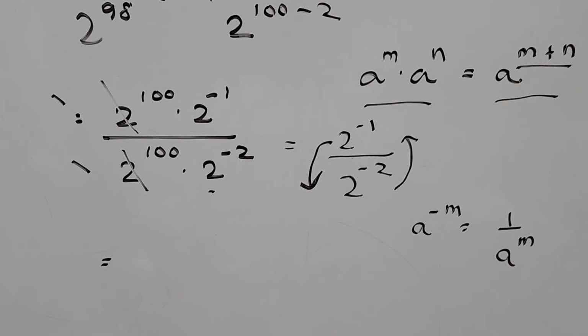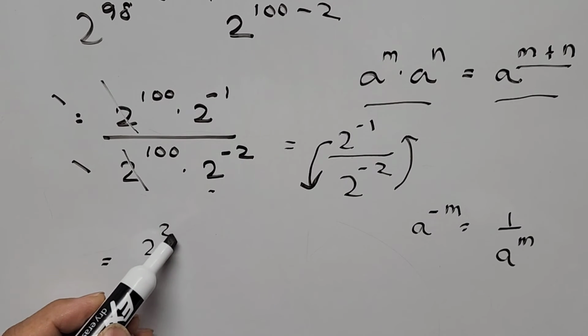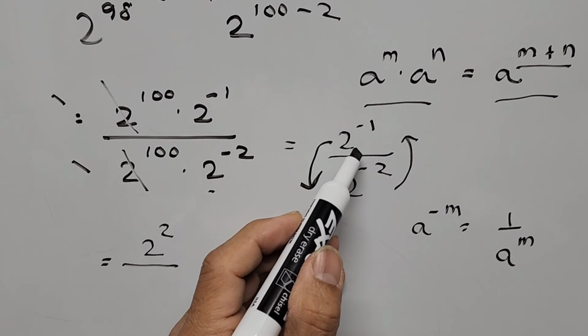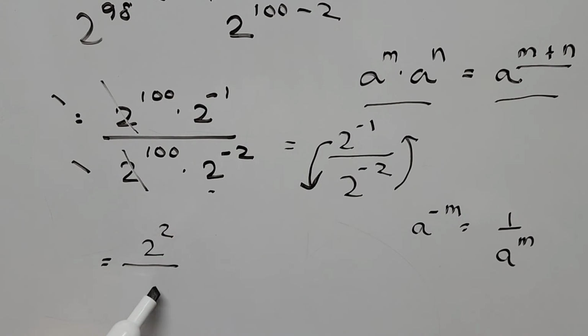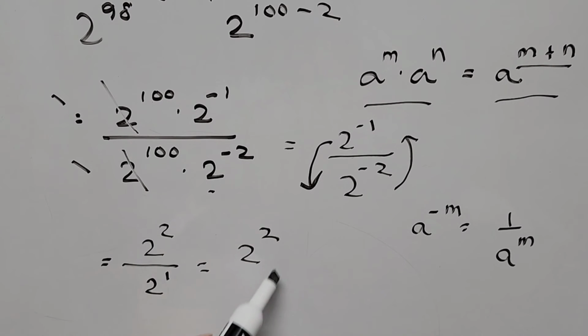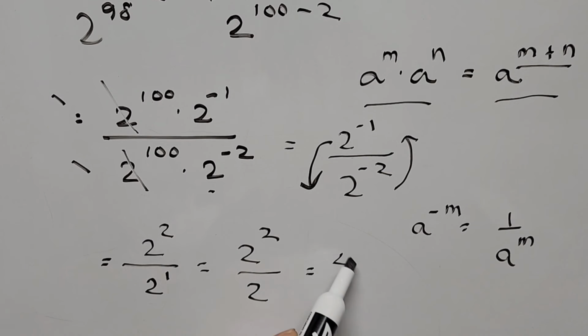So now, this is 2 to the power of positive 2 divided by, with the numerator going down to the denominator, 2 to the power of positive 1. So this is now 2 to the second power divided by 2 to the first power. 2 squared is 4, divided by 2. So 4 divided by 2 is 2.